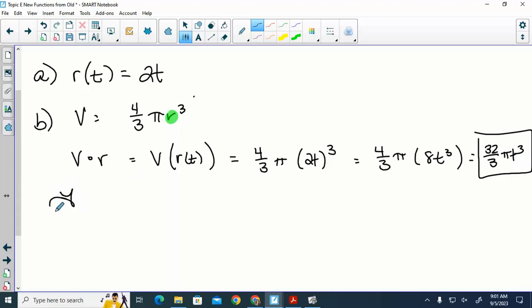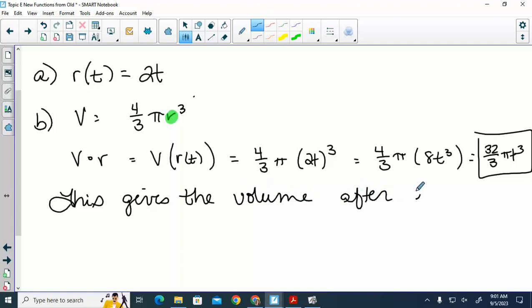So this gives the volume during a given time. Basically, it cuts out the middle step. If I tell you that it's been inflated for 5 seconds, you don't have to first find the radius and then plug the radius into the volume formula. You can just plug a 5 into this formula and get the volume at that particular point in time. So it's just giving us the volume at any given point in time.